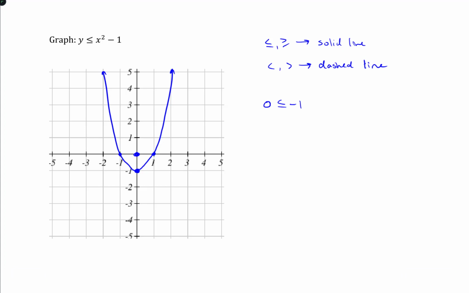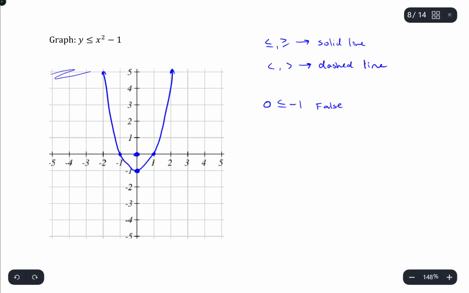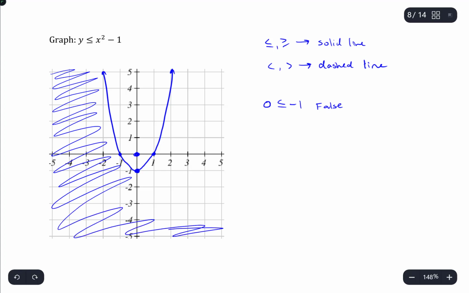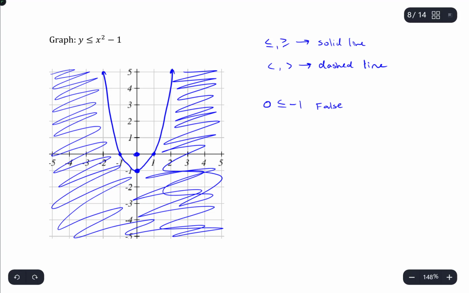So we get 0 is less than or equal to -1. But that's a false statement because 0 is bigger than -1. So I actually need to shade the part of this region that's on the outside of this parabola. So that region right there.